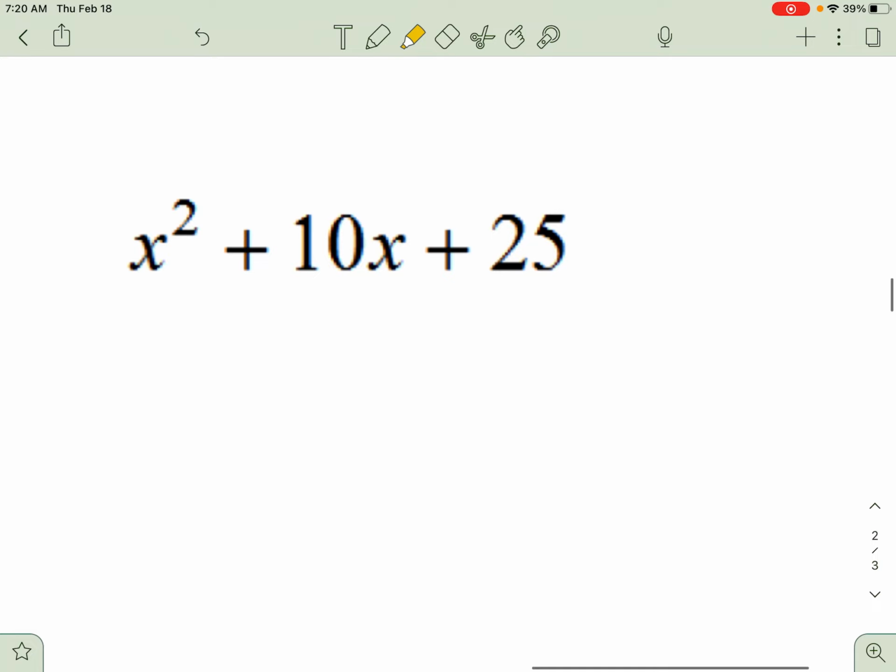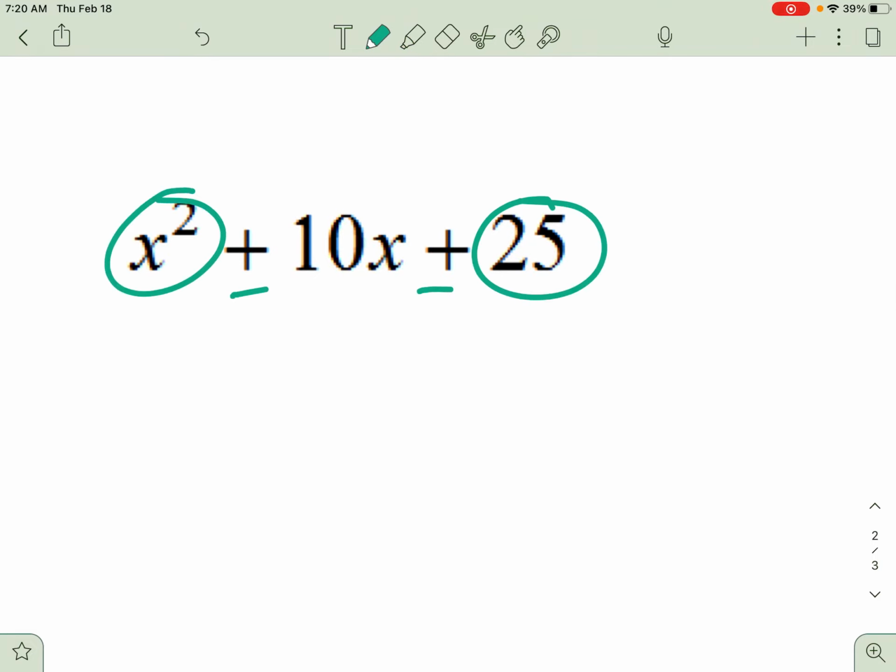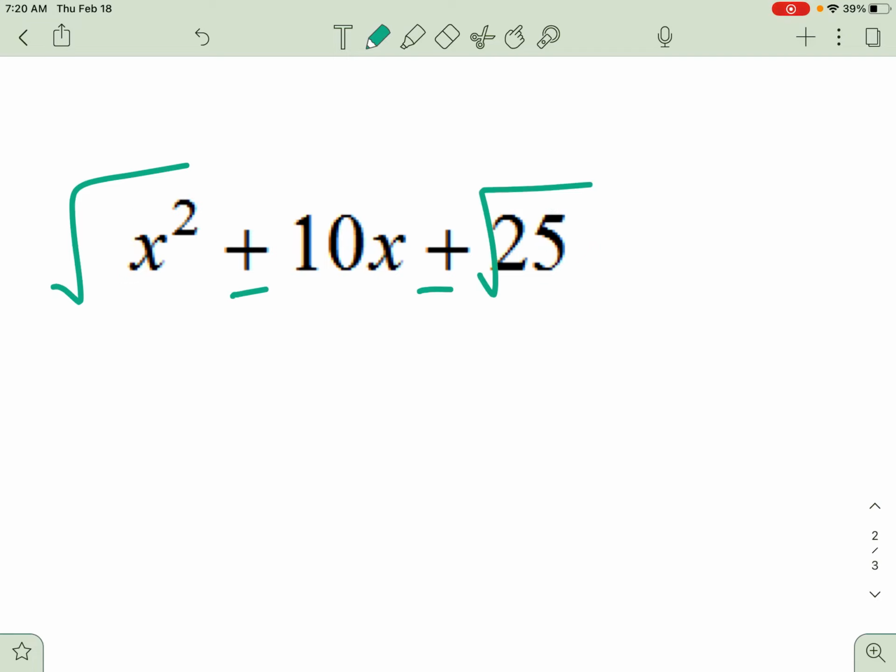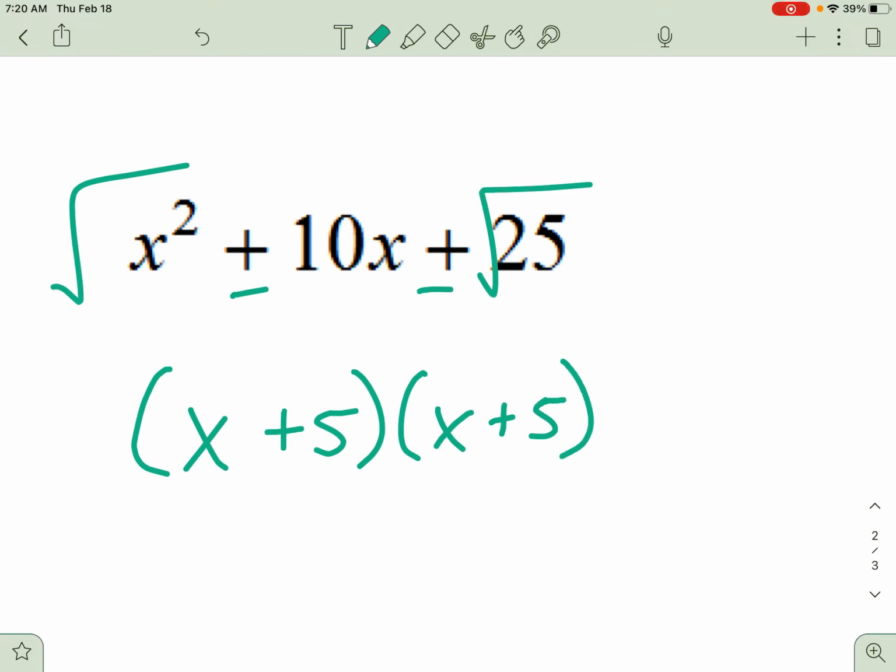Okay, same thing over here. This one's both positive. Perfect square, so the square root of x squared, square root of 25, this would be x plus 5 times x plus 5, which would be x plus 5 squared.